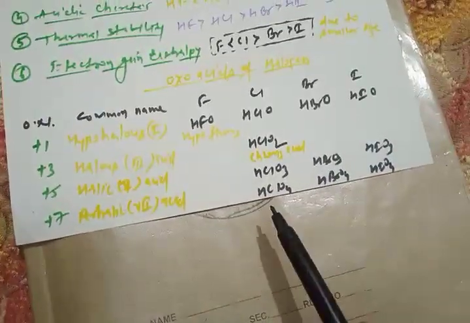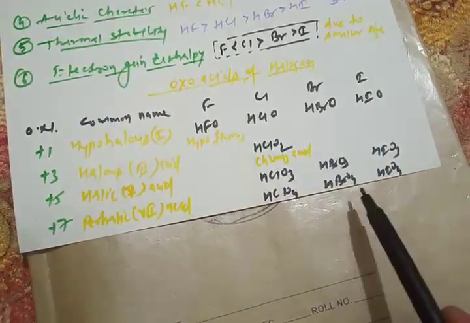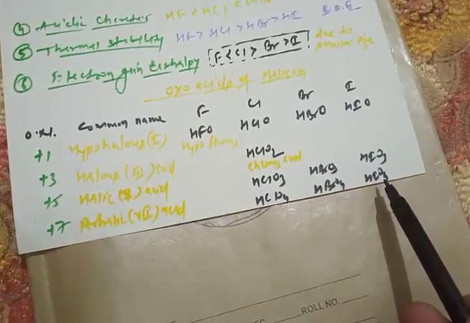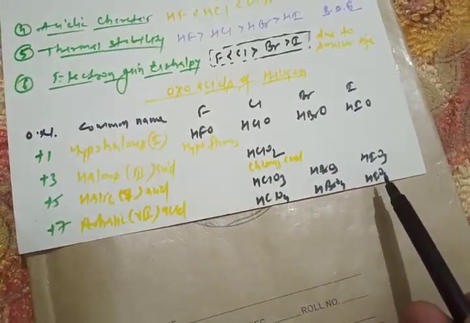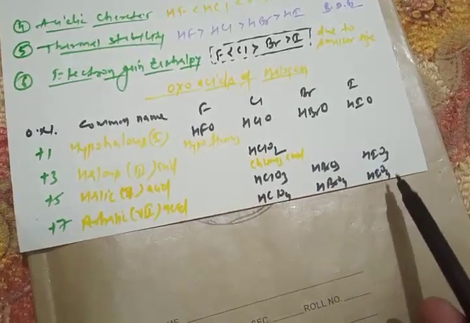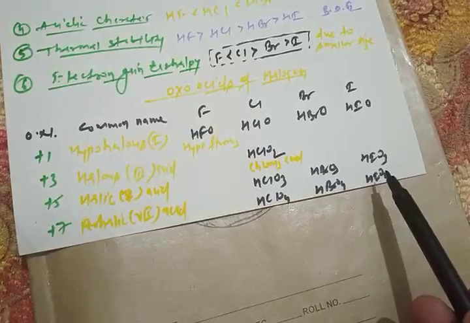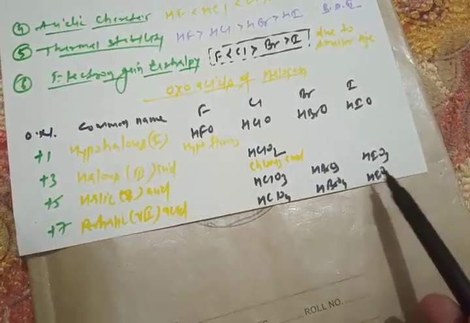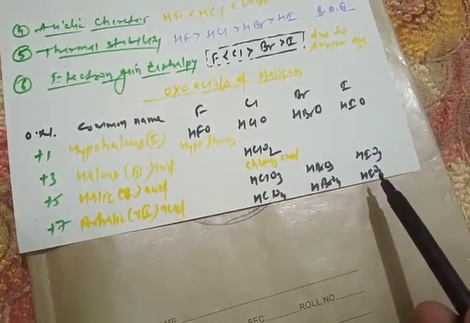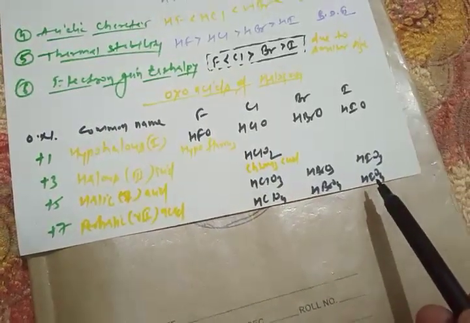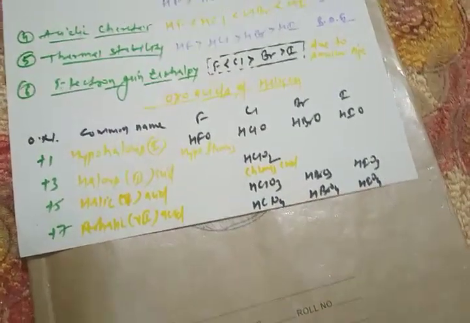So this is called perchloric acid, this is perbromic acid, and this is periodic acid, HIO4. You must remember the use of periodic acid in the oxidation of polyhydric alcohol. If you remember the alcohol chapter, the polyhydric alcohol is oxidized with the help of periodic acid, HIO4. So this is the use of this.